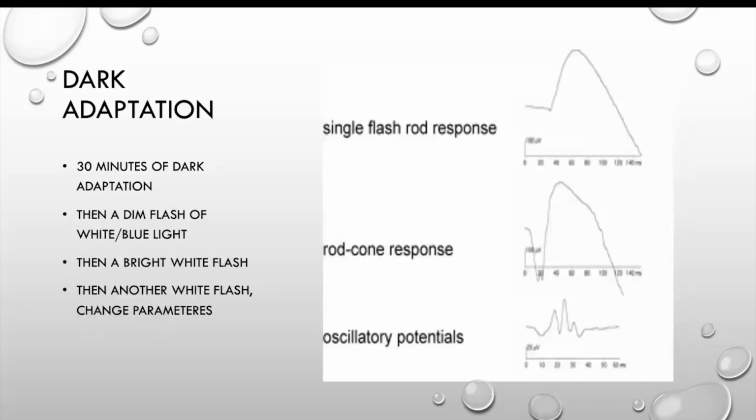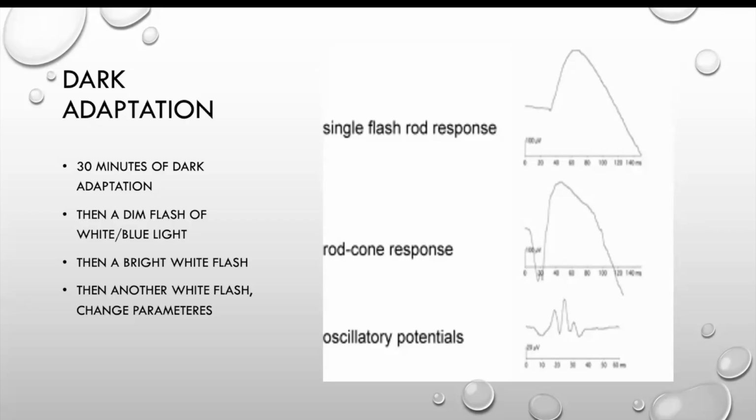So starting with that dark adaptation, for the scotopic response, you have 30 minutes of the patient being in the dark first. And then you show them a very dim flash of white or blue light. And the idea behind this is you're getting your rod response, which is that first graph that you'll see at the top. Now, there isn't much of an A wave here, but you do get quite a large B wave.